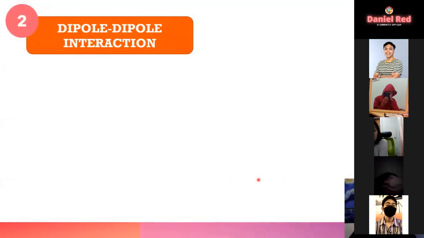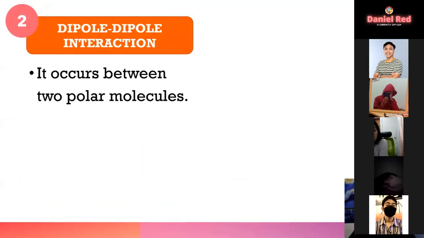The second type of intermolecular forces is what we call the dipole-dipole interaction. Dipole-dipole interaction occurs between two polar molecules. It means that you have one polar molecule and another polar molecule combining with each other. That's why they form dipole-dipole interaction.